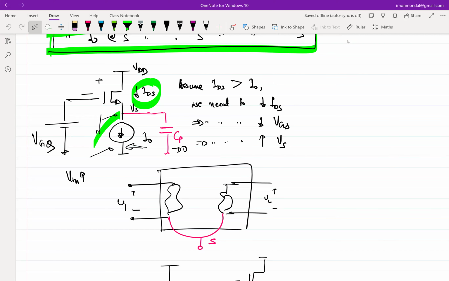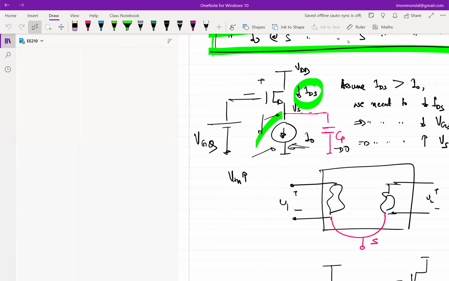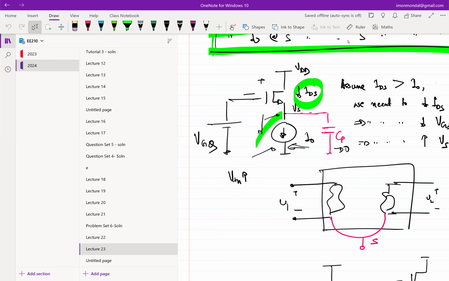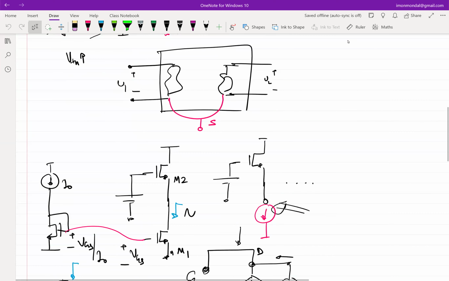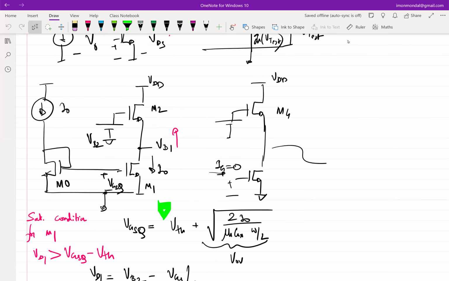Okay, so that was essentially the principle. That was the thought process, and we did some calculations, and we figured out what the minimum VGQ required is, and we saw other ways of biasing. We put in extra transistors to see how we can bias with a single current source if you have to bias multiple of these configurations, and that's how the design eventually proceeds.